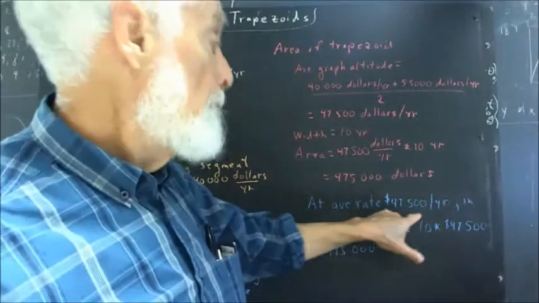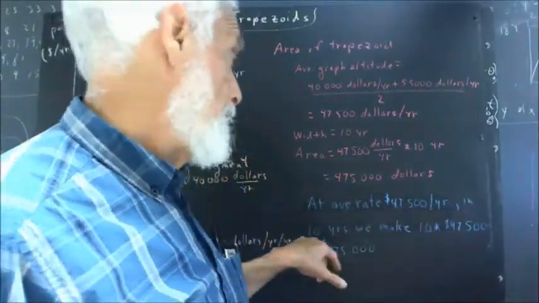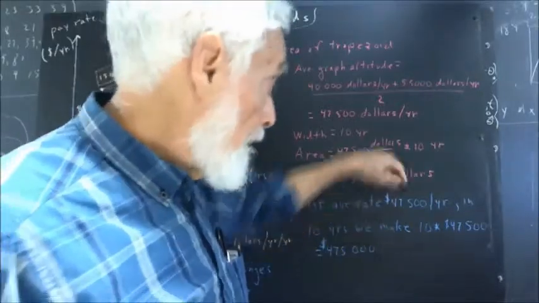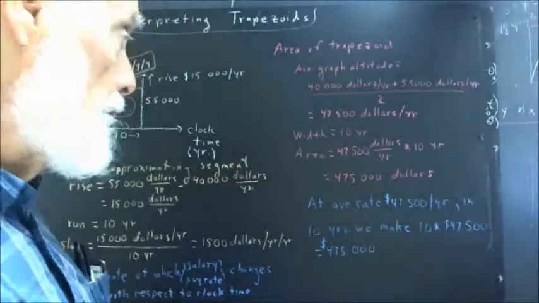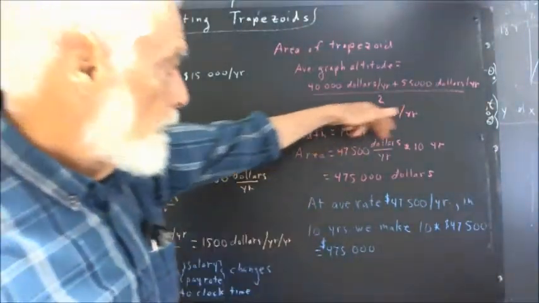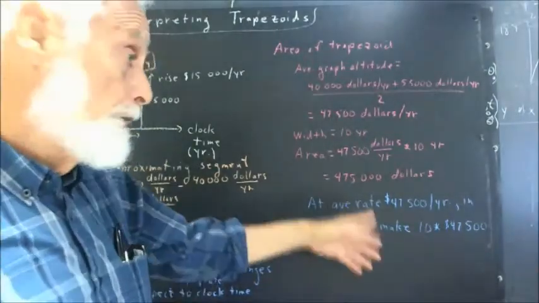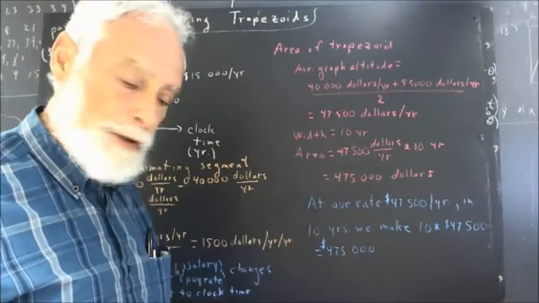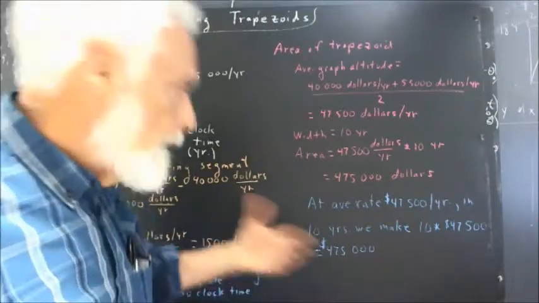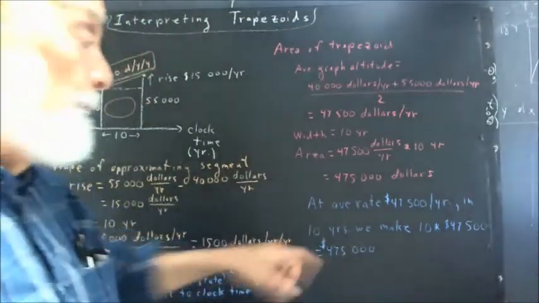If we have an average pay rate of $47,500 per year, then in 10 years we're going to make 10 times $47,500, or $475,000. Now, this is a more formal calculation, and we want to do the more formal calculation to make sure it agrees with what we expect, what our intuition tells us, what our deeper understanding of the meaning of this thing tells us, but that's the meaning.